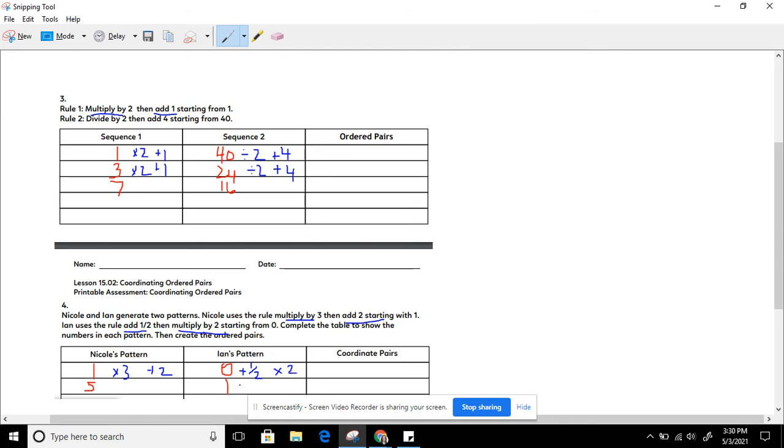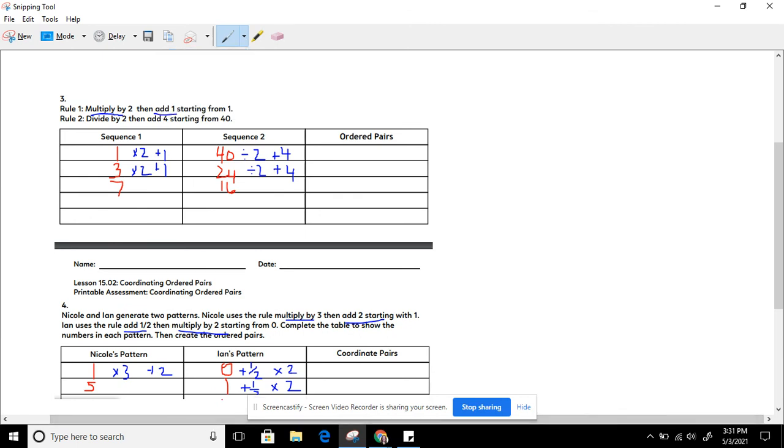Excuse me, I'll do another example for this one. Same rule, add 1/2, and then times it by 2. So for this next one, we're doing 1 plus 1/2 times 2. So 1 plus 1/2 gets us 1.5, and then 1.5 times 2, well, 1.5 plus 1.5 gets us 3.